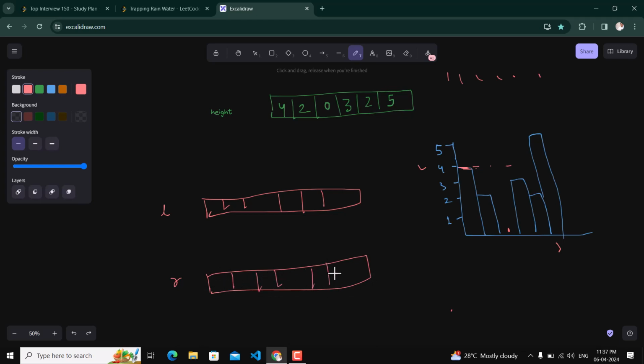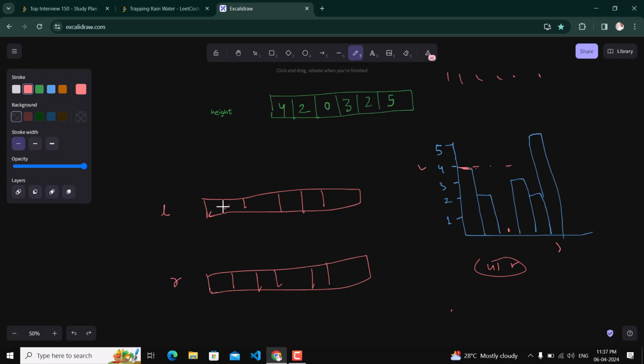In these arrays we are going to store, for the current bar, the maximum from the left, and the maximum from the right. Then we will take the minimum of those two, and from the minimum we will subtract the current height of the bar. In this way we will iterate.